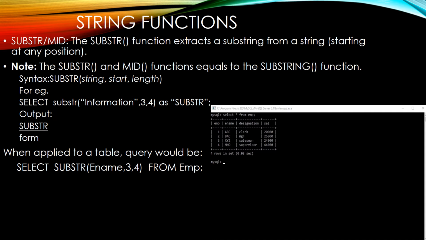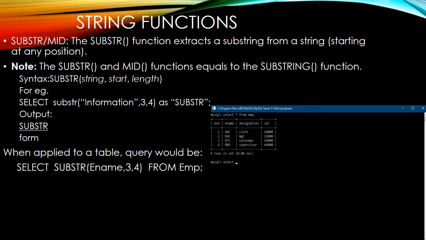Now the next function is substr. Substr is also known as mid function. So you can use either mid or substr. With substr function, you can extract characters from the middle of the string, that is from any position of the string.